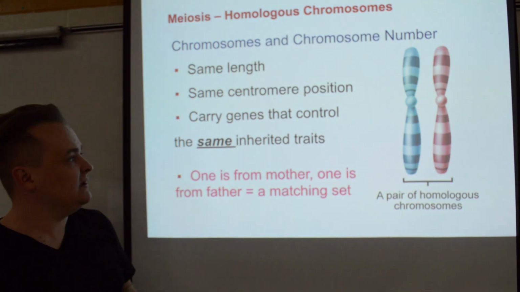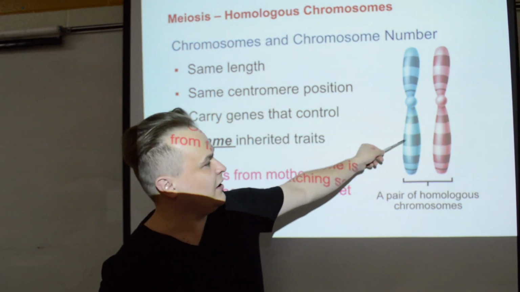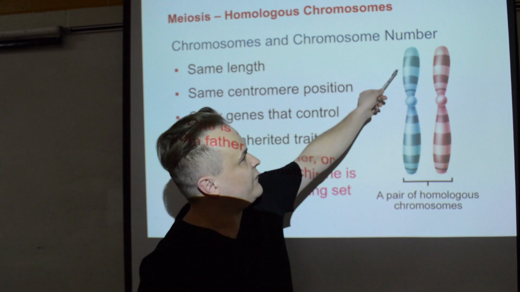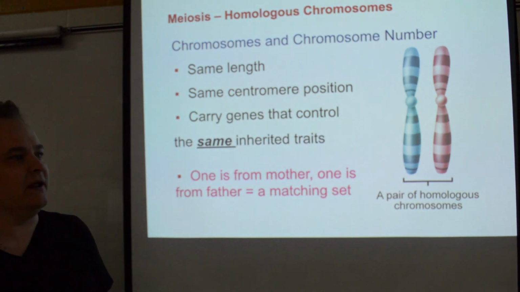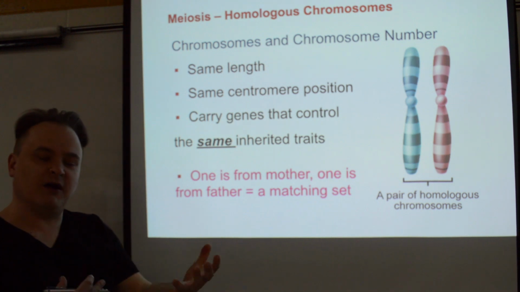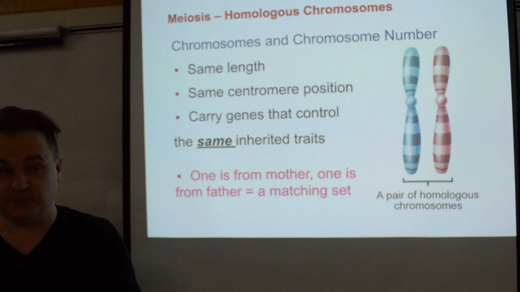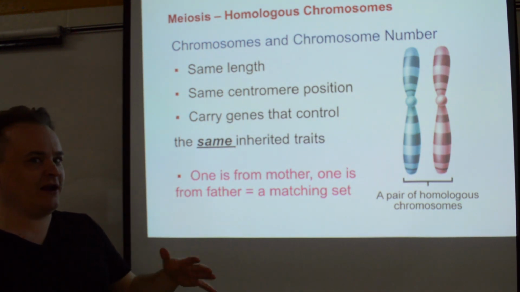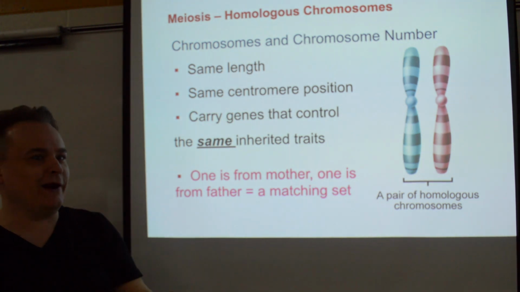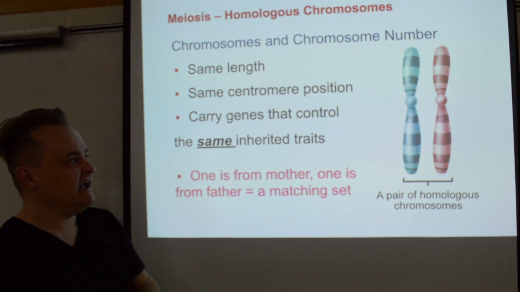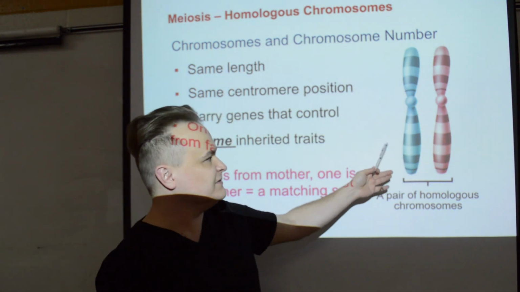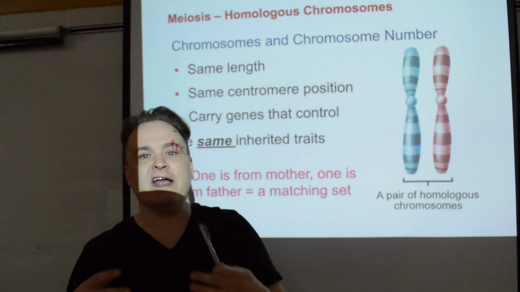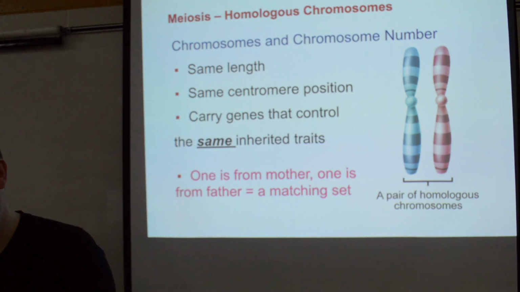So right here could be a little gene for eye color. This could be for hair color or something a little more complicated than that in the real world, but every matching pair is responsible for certain traits in the offspring. How do you determine whether you're going to have darker hair or lighter hair or certain features? It depends which one of these chromosomes is more dominant. That chromosome will override the other one and show up in the offspring. Kind of cool.